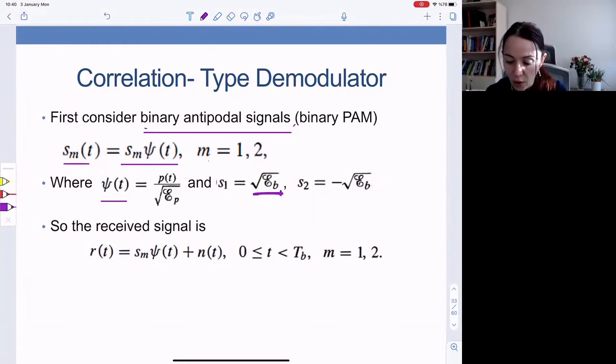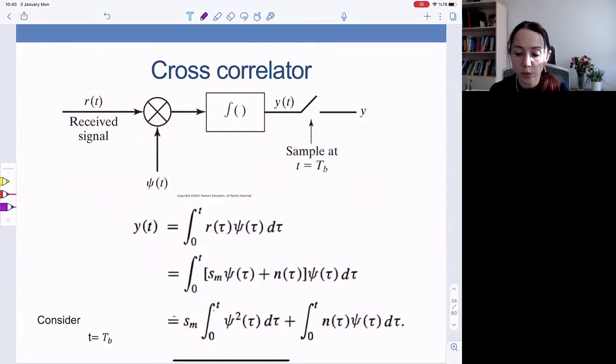So how can we detect? Well, we use this cross correlator first in order to form this y. How does this work?